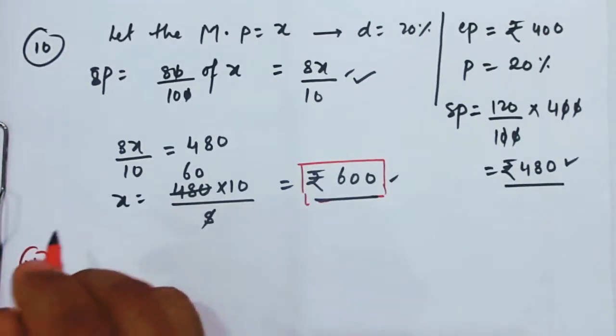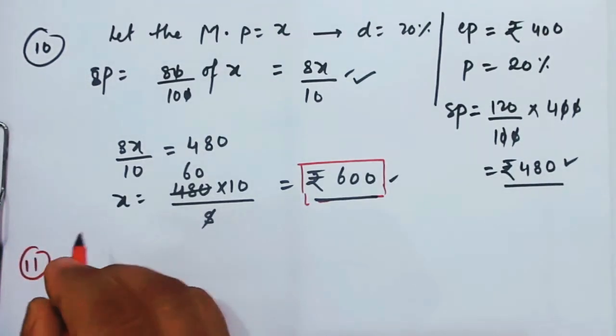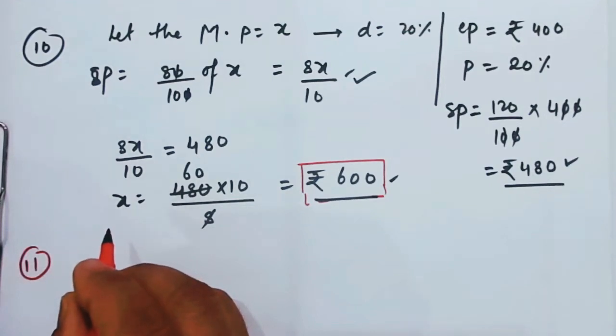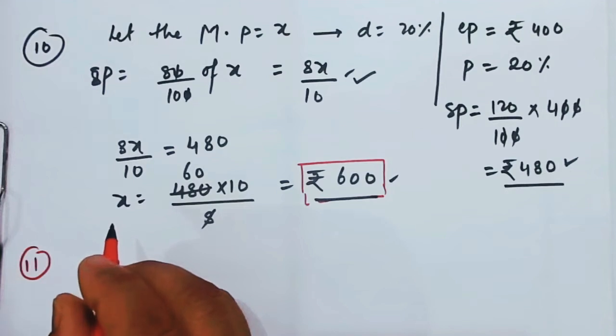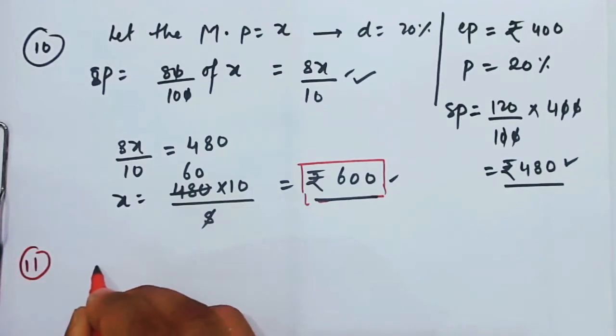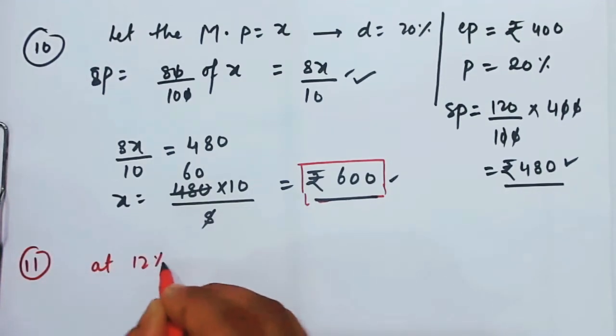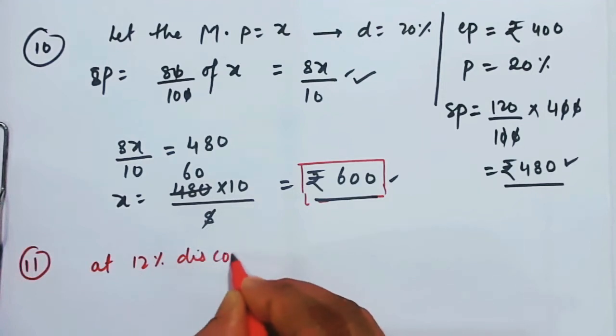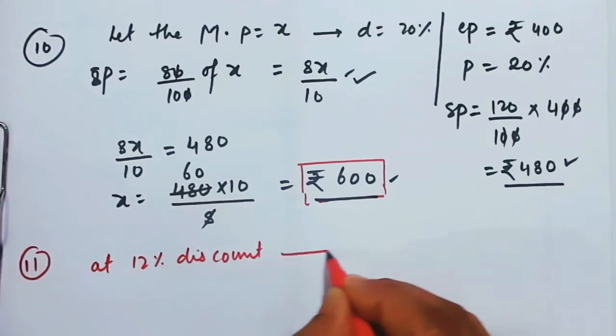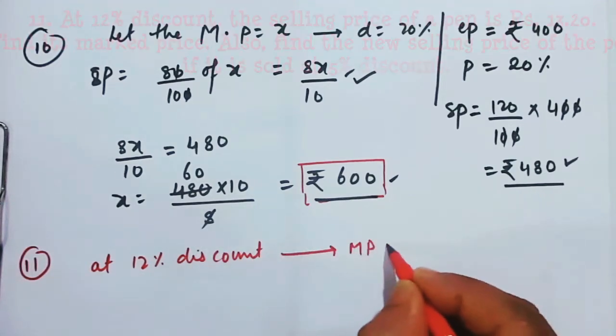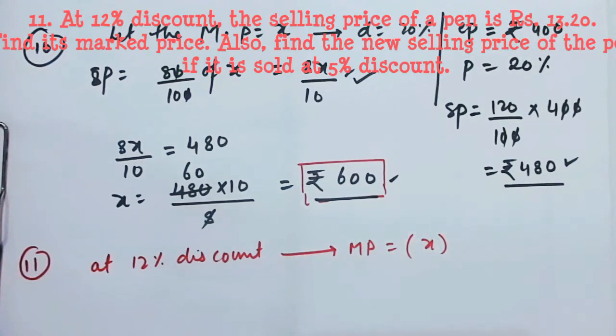Come to number 11. In number 11, what are they saying? At 12% discount, the selling price of a pen is rupees 113.20. So at 12% discount, the discount will be given on the mark price. Do you know the mark price? No, you do not know the mark price.